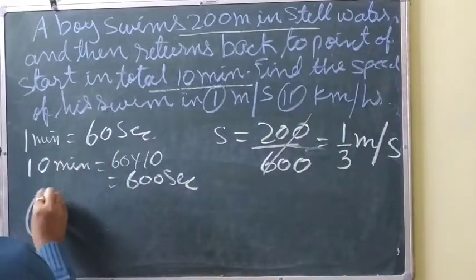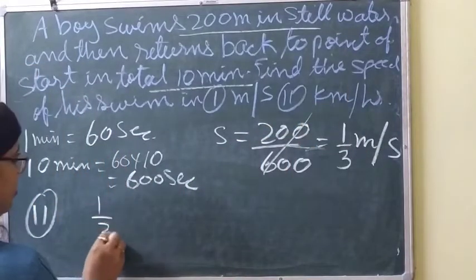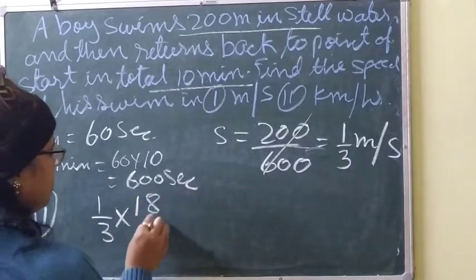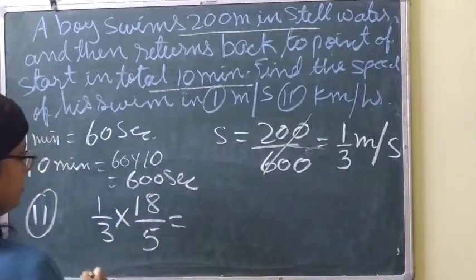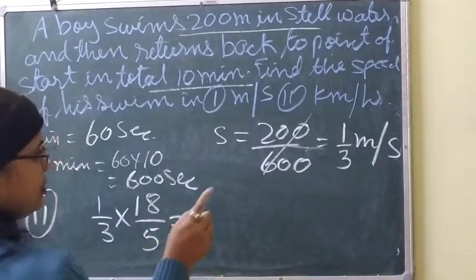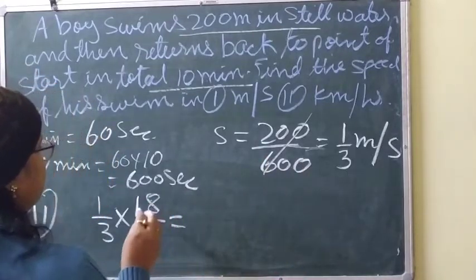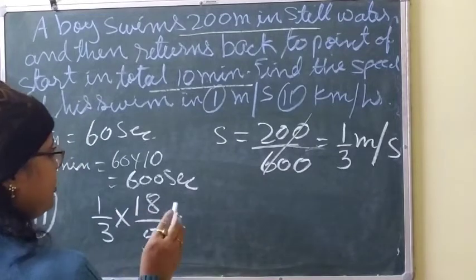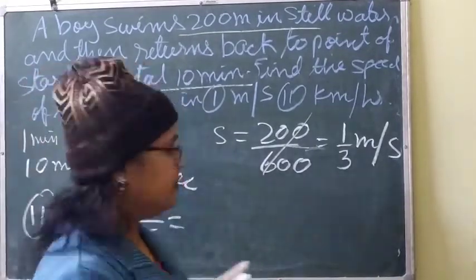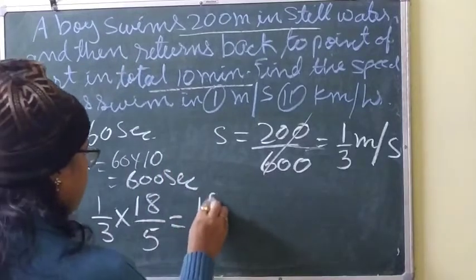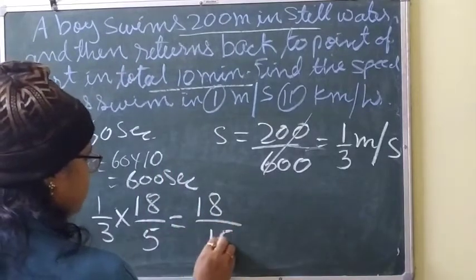Clear? So how will you convert? 1 by 3 into 18 by 5, because when you have to convert meter per second into kilometer per hour, you multiply the given quantity with 18 by 5. So 18 by 15.